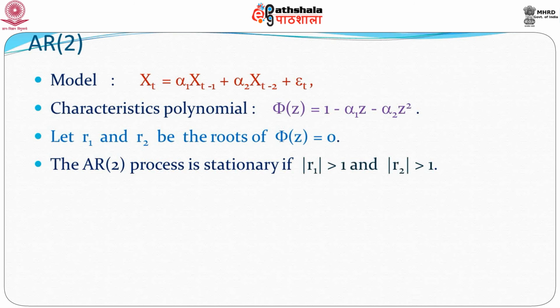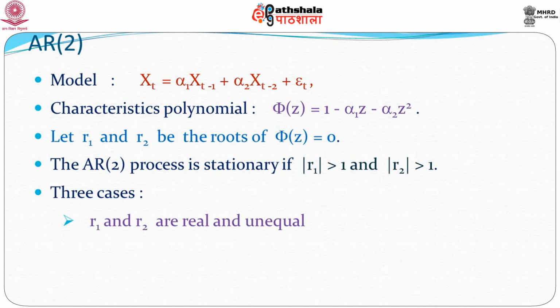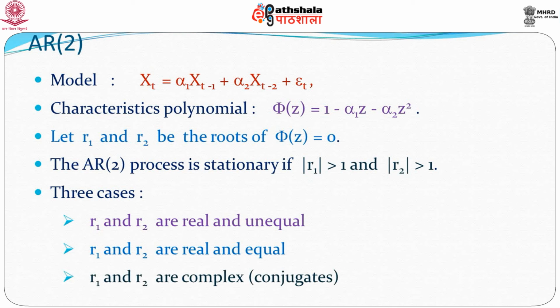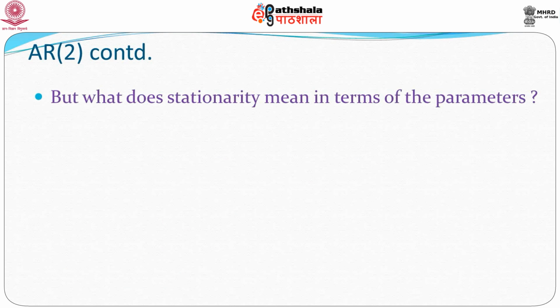Let us see this. There are three cases that can happen. One is that r 1 and r 2 are real and unequal. The other is that r 1 and r 2 are real and equal, and finally, both can be complex, in which case one would be the conjugate of the other. So, let us look at this in terms of the parameters.